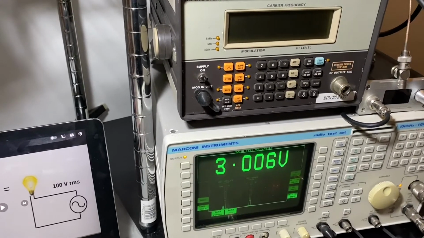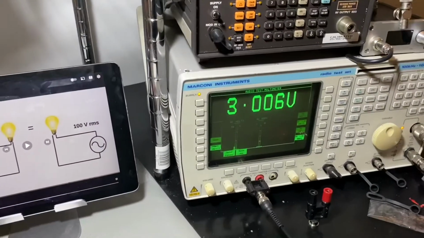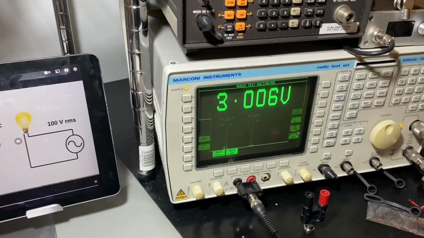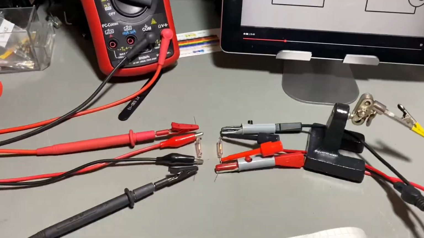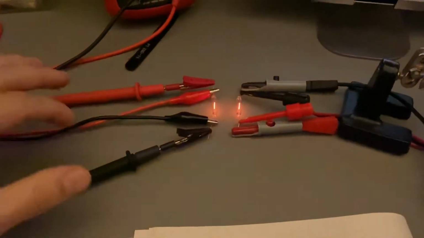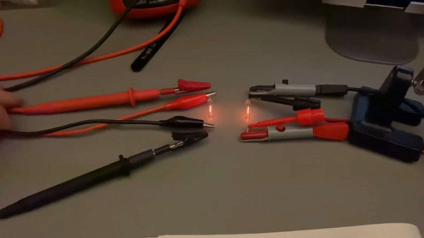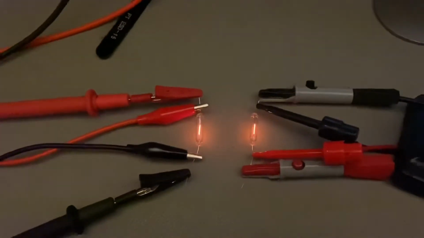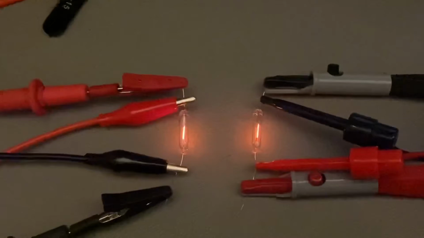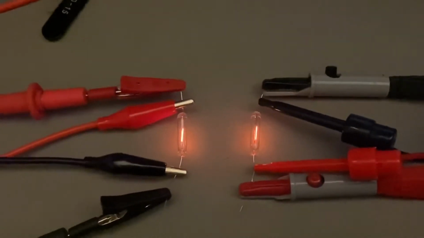Anyway, it's not that critical. 3 volts AC RMS. So let's switch off the light, and we can actually compare the light, which is quite the same.